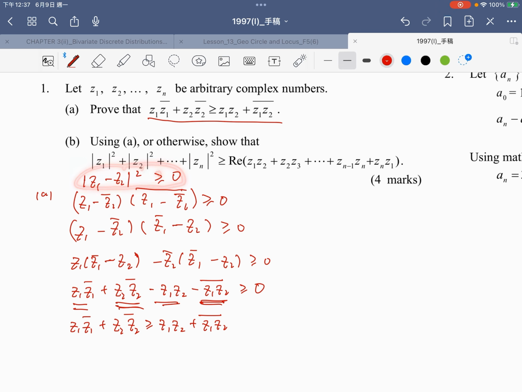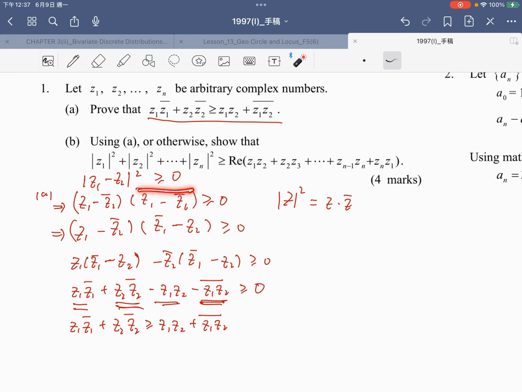this one, and then by the definition of the modulus of Z squared is equal to Z times Z conjugate, using this definition, and then expand and change this one.